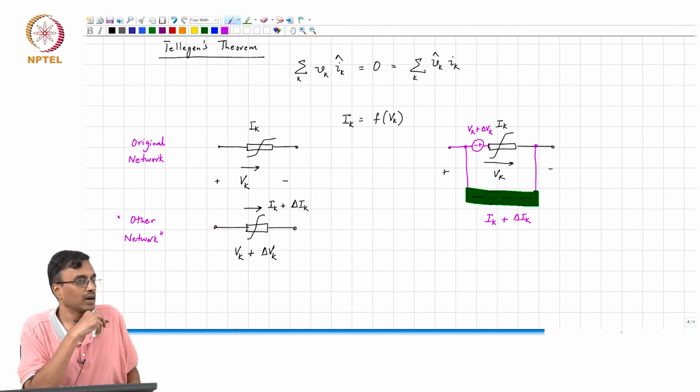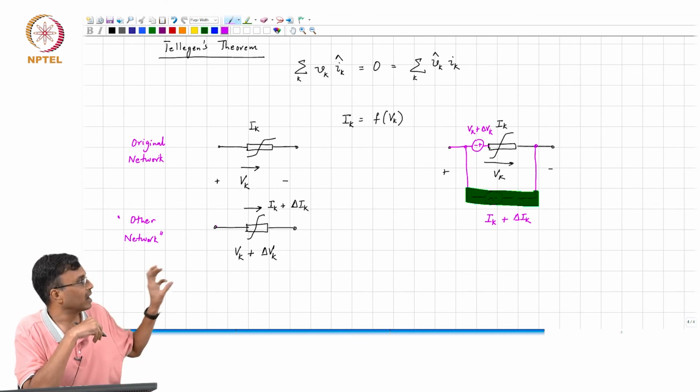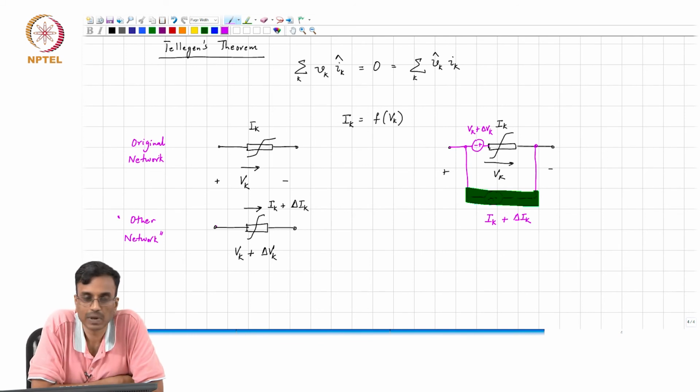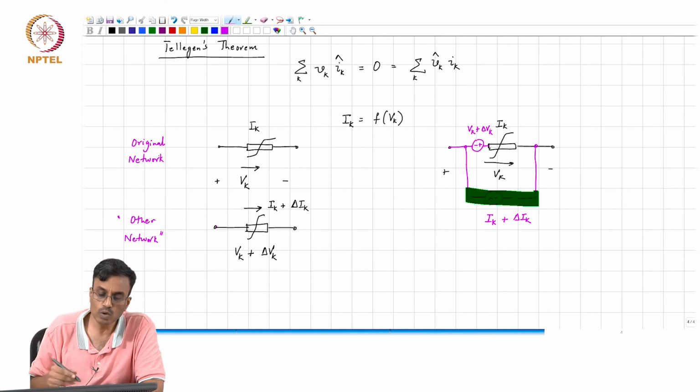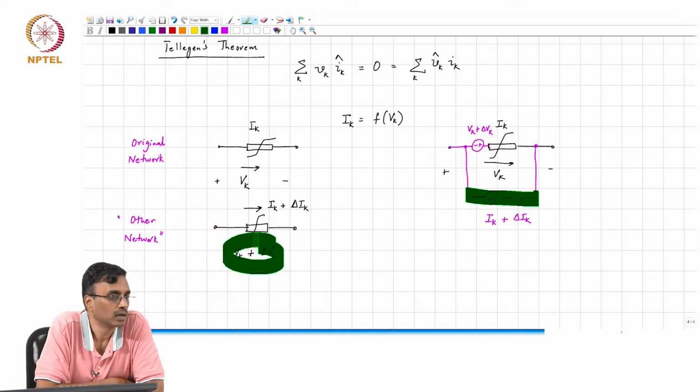What comment can I make about what will happen if I put a voltage source of Vk plus delta Vk? Remember, Vk plus delta Vk corresponds to the branch voltage in that branch where I have changed a source, right?